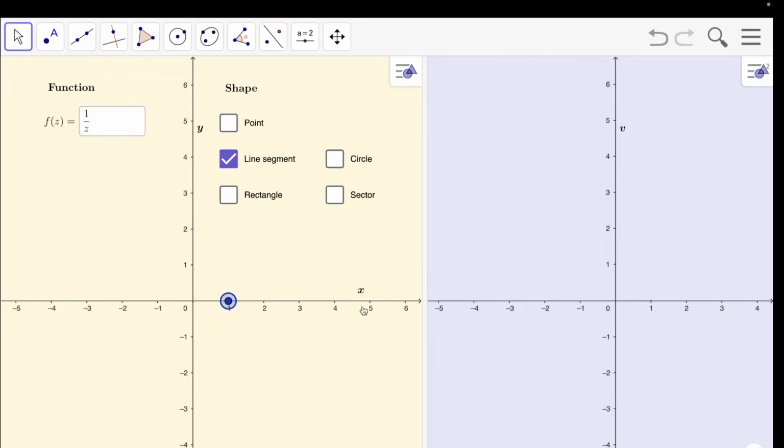This point is 1. This point is 1. And if you extend this line segment on this upper half portion, so this line in the UV plane, and this circle can be drawn in this way, red color.